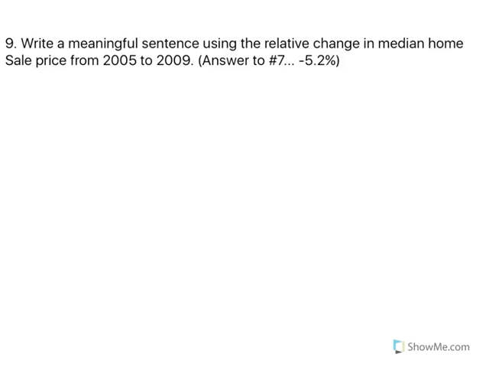Number 9, let's write a meaningful sentence using the relative change in median home sale price from 2005 to 2009. Recall that we found that in number 7, and the answer was negative 5.2%. So, you want to kind of be specific, and you want to talk about when.